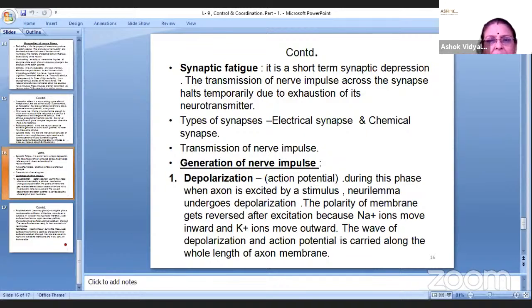The axon is excited by a stimulus, and the neurilemma undergoes depolarization. The polarity of the membrane gets reversed after excitation because sodium ions move inward and potassium ions move outward. The wave of depolarization and action potential is carried along the whole length of the axon membrane.